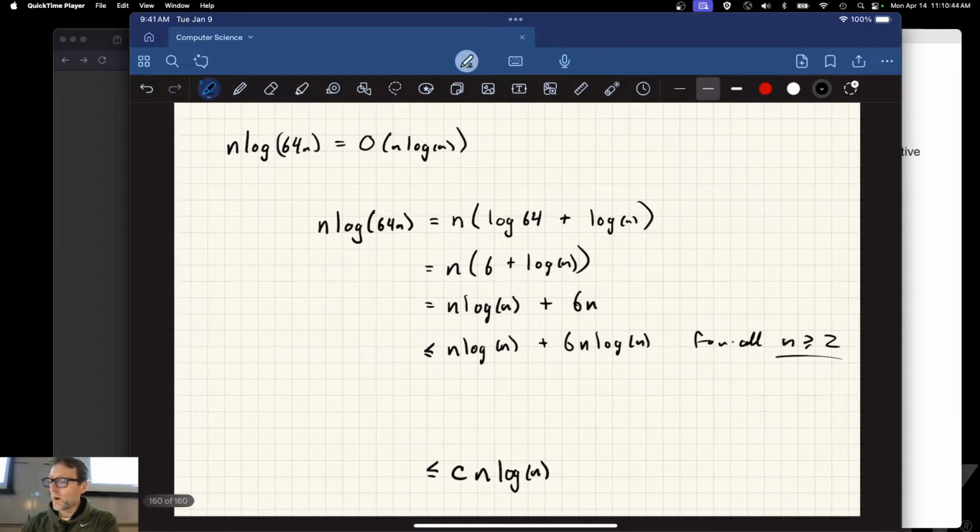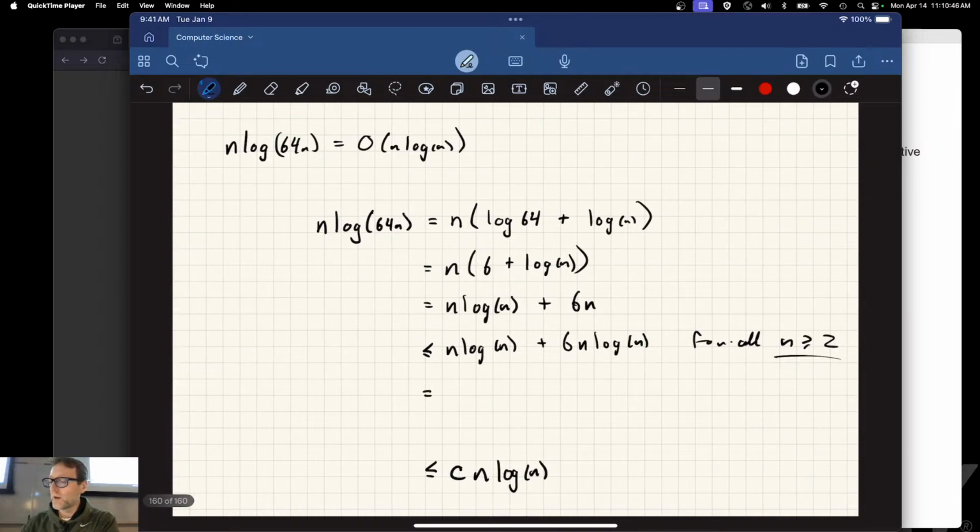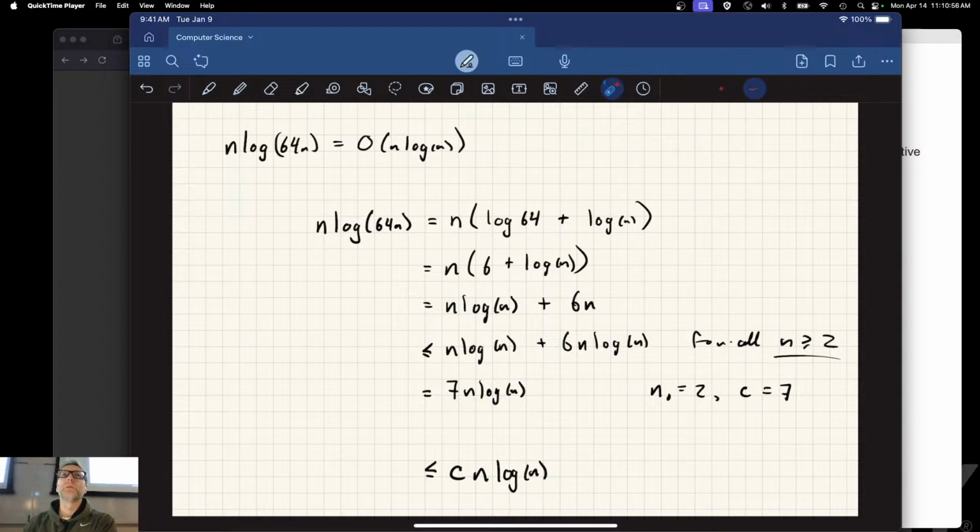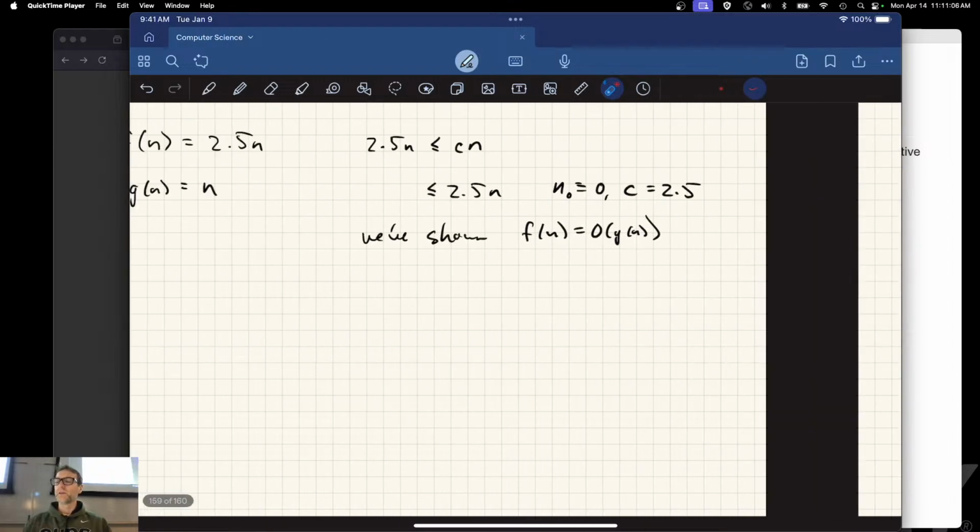At this point, though, we are done because combining these two things gives me 7n log n. And so for n not being 2 and c being 7, we've shown this inequality. So when you're involved with logs, when you're involved with exponentials, be careful because not everything is going to be clear-cut like it was on the super easy one.